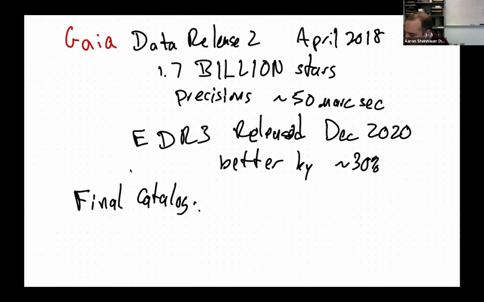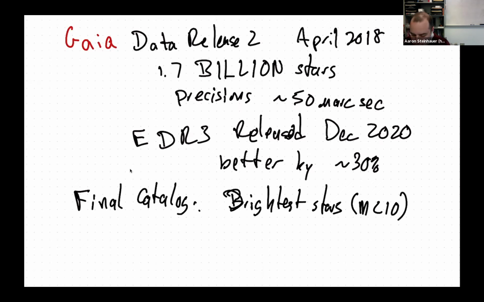For the brightest stars, they claim, and I'm going to define this for people who know what a magnitude is, less than 10, say, precision of about, they're hoping for 7 micro arc seconds, which is staggering.